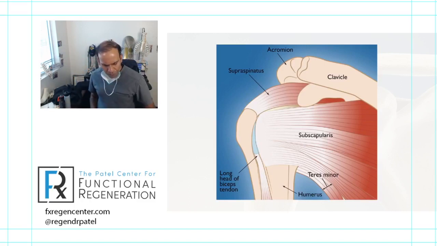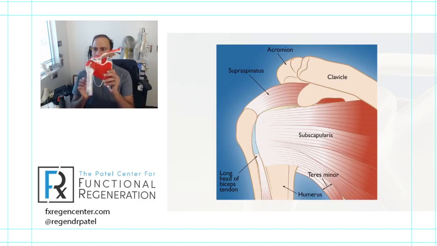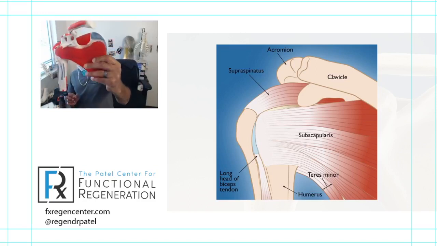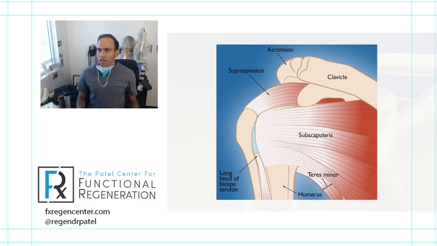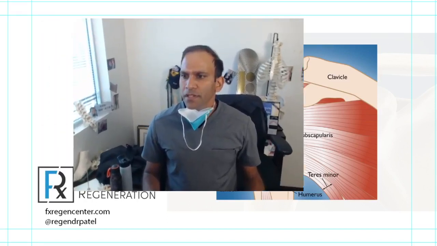But without further ado, we're going to talk about shoulder anatomy and specifically the rotator cuff here. This is my model of the shoulder, and I'm going to use this a little bit through the discussion. I'm just going to expand my screen here so you can see me a little bit clearer. All right, so we're talking about the shoulder.